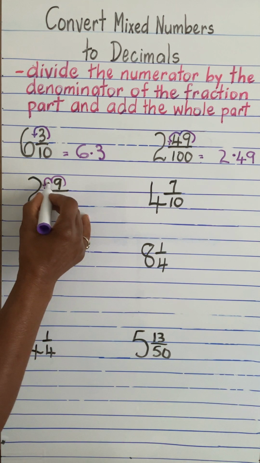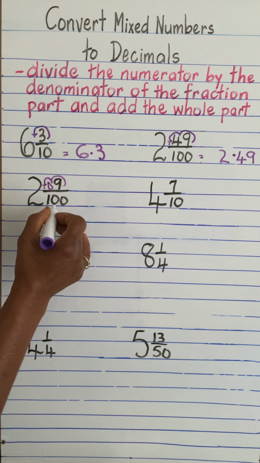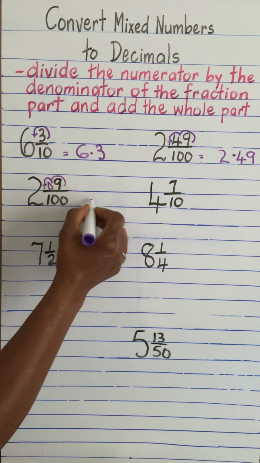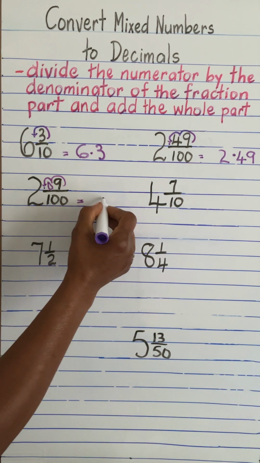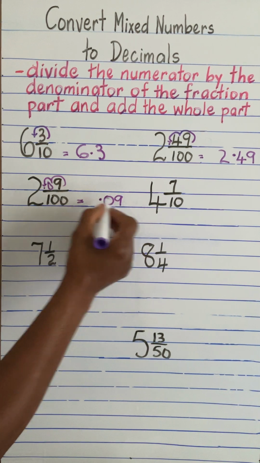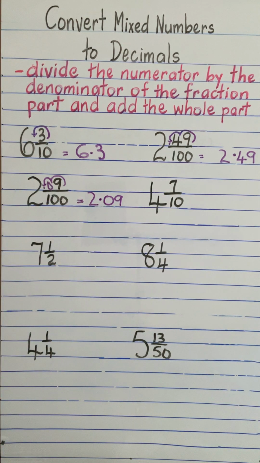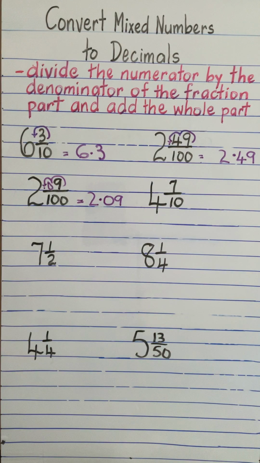There's no number right here, so we have to put a 0. So the fraction part, 9 over 100, is equal to 0.09, and then we just add the whole part. So 2 and 9 over 100 is equal to 2.09.